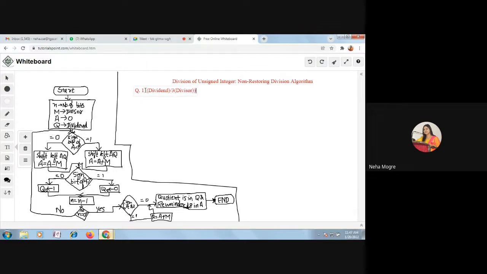You know very well that when we divide 11 by 3, we get 3 as the quotient and 2 as the remainder. This is normal division; when you perform 11 by 3, you must get this result. So let us check this by performing non-restoring.